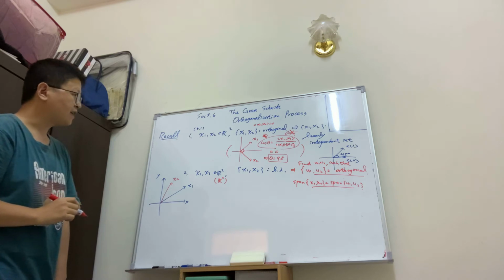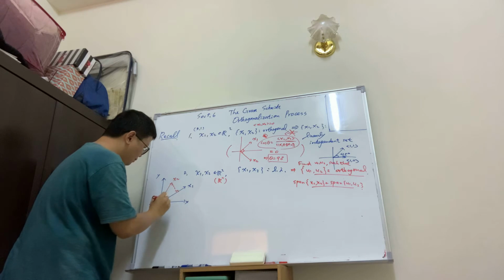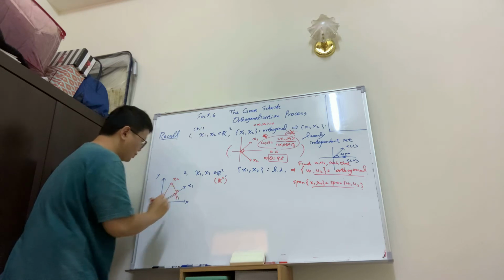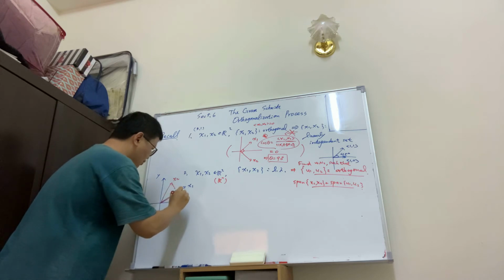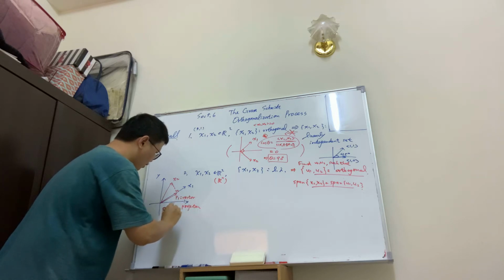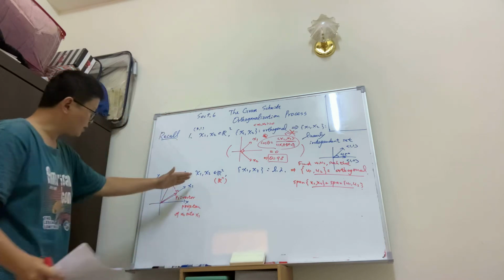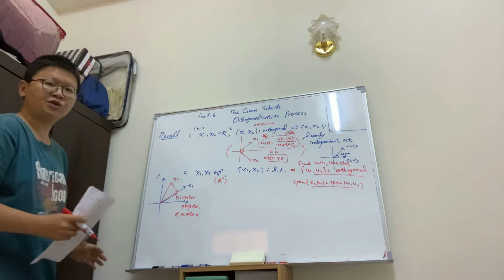How to find two vectors which are orthogonal? For the vector x2, we could consider its projection, right? P1 is the vector projection of x2 onto x1. Because now we fix x1, so it's a projection onto x1.